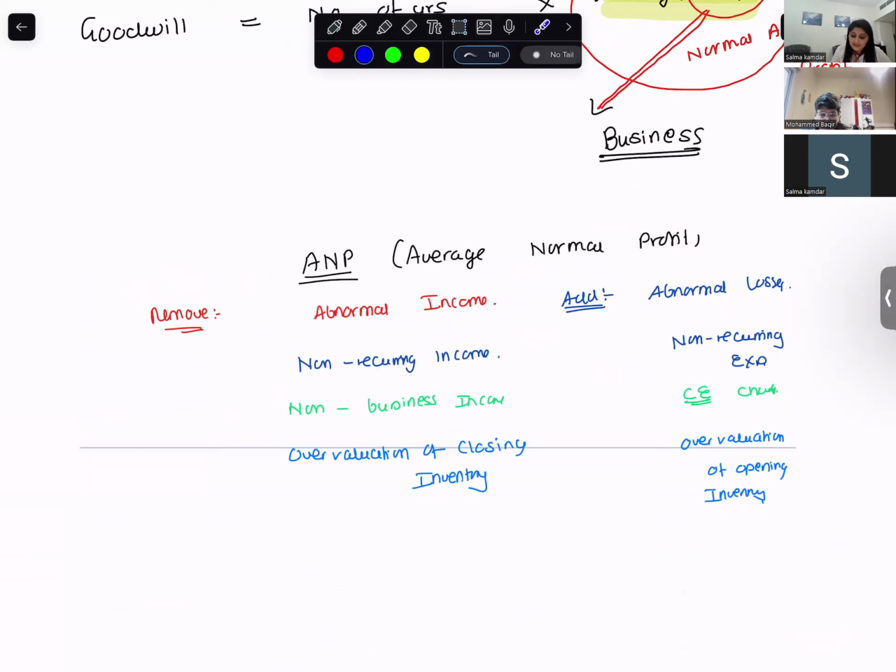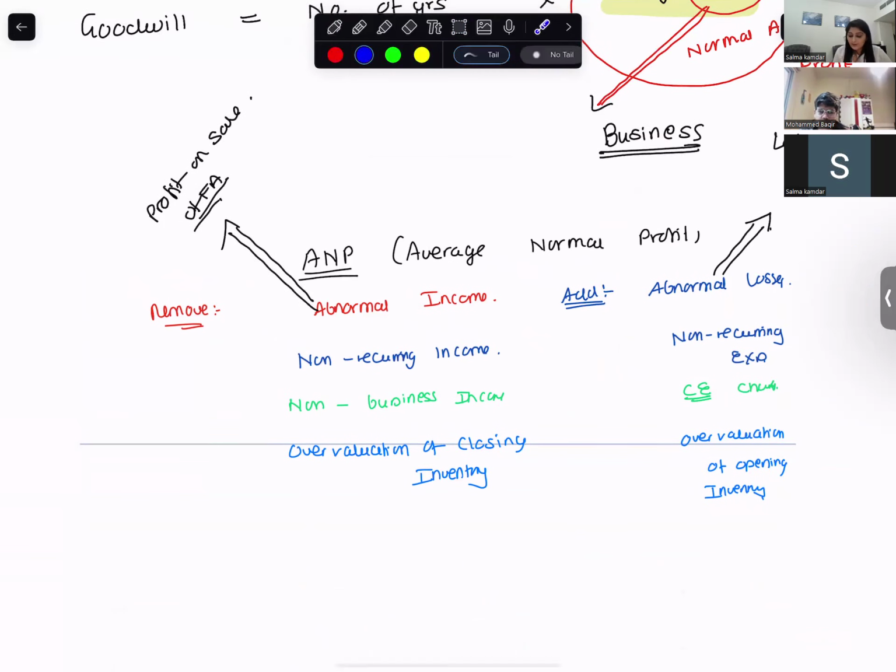What is an example of abnormal income? Profit on sale of fixed assets. This is an example of abnormal loss: loss on sale of fixed assets.